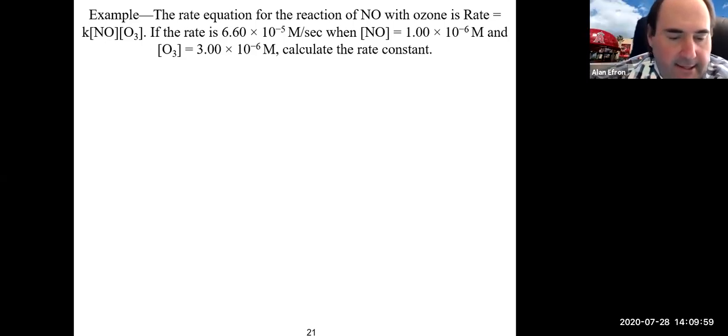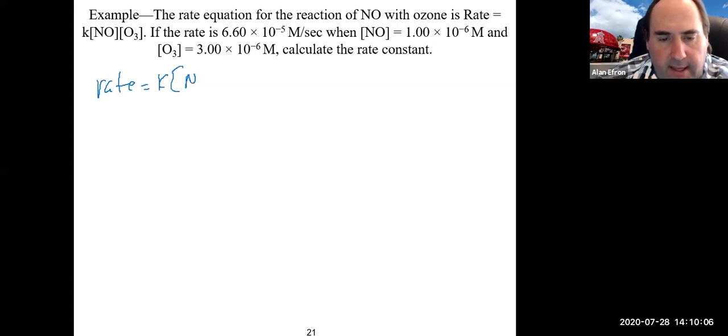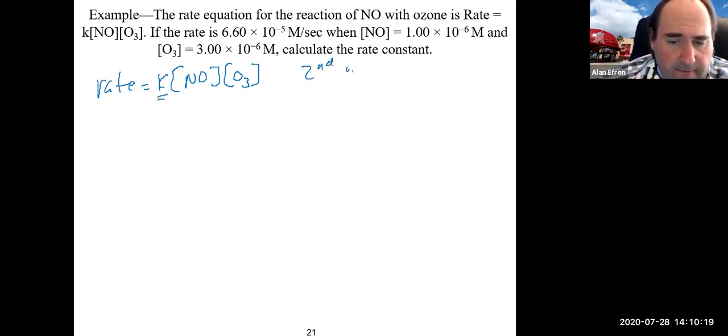Okay, so let's take a look at this one here. They did give us the rate law. So our rate is equal to k[NO][O3], and we want to solve for k in this case. The overall order here, by the way, is also second order, as we have a 1 and a 1 for the individual orders.